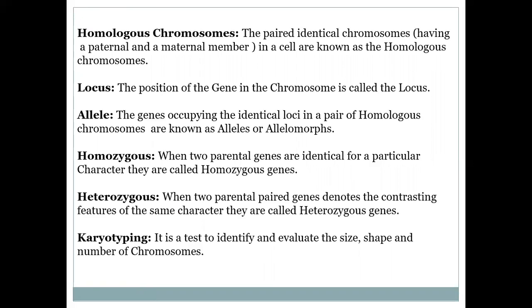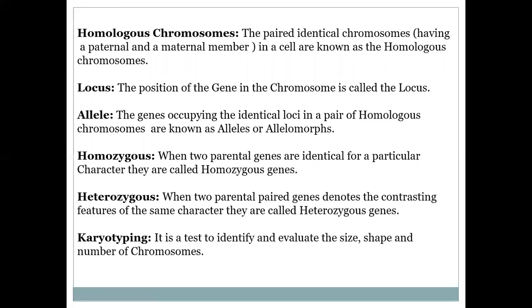Homologous means two parental genes are identical for a particular character, known as homologous genes. Like if father and mother hair color is black, it is an identical character, and it is homologous.